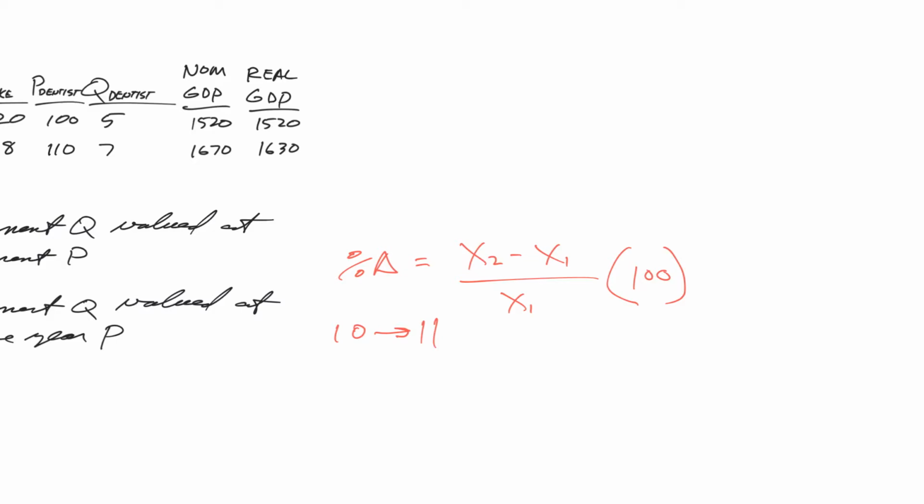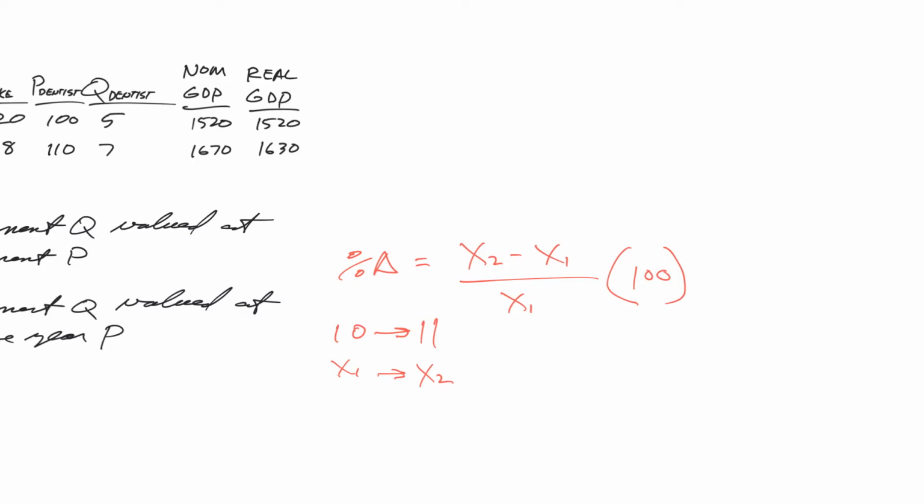Well, x1 would be where we started. That's why we call it x1. So we started out at 10, so let's say that's x1, and ended up at 11. So it went from x1 to x2, 10 to 11.